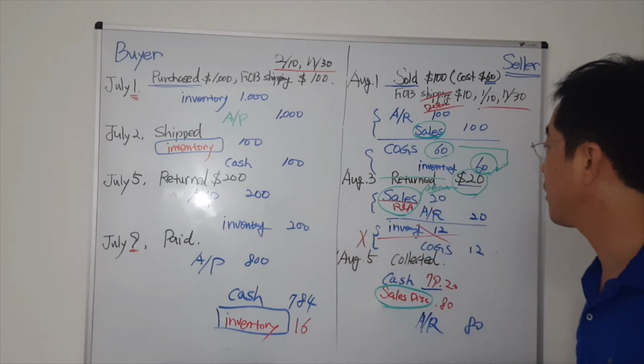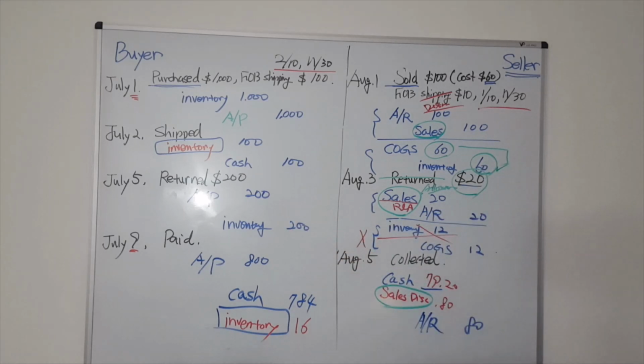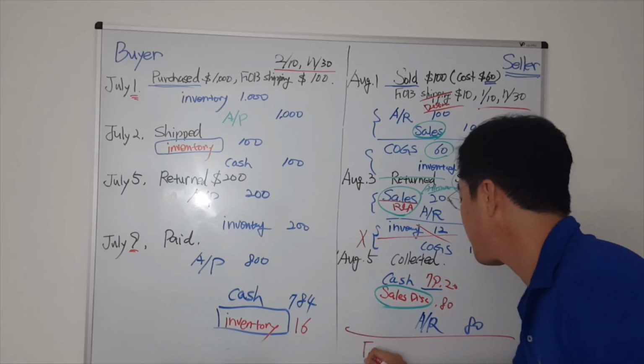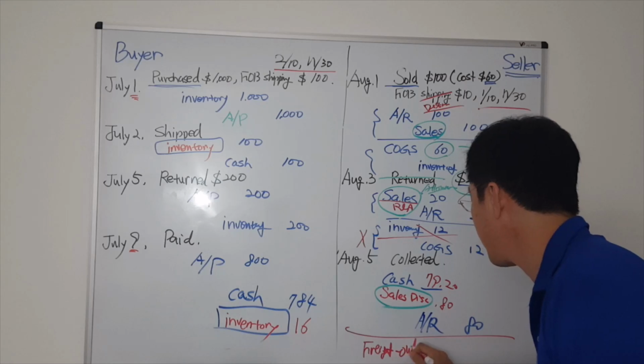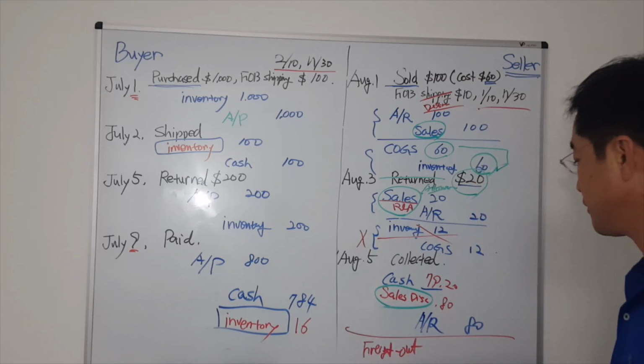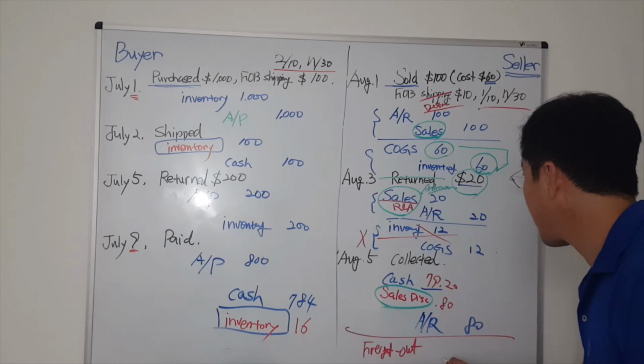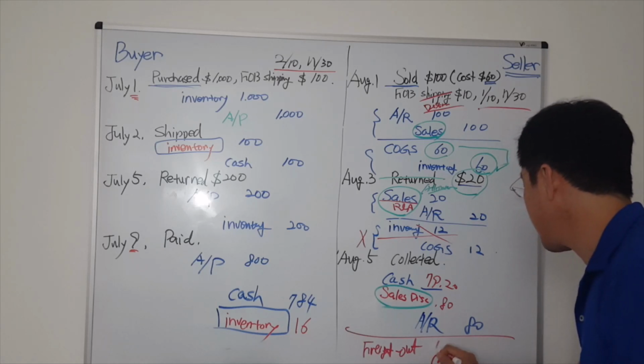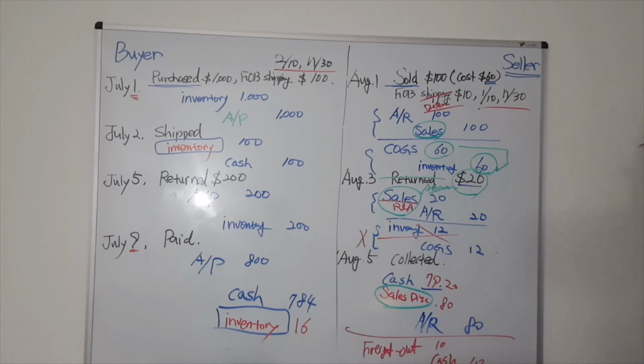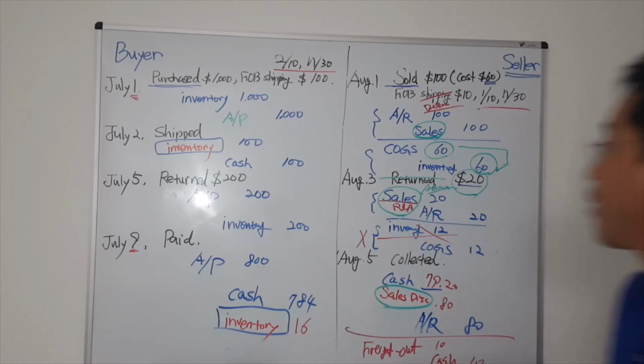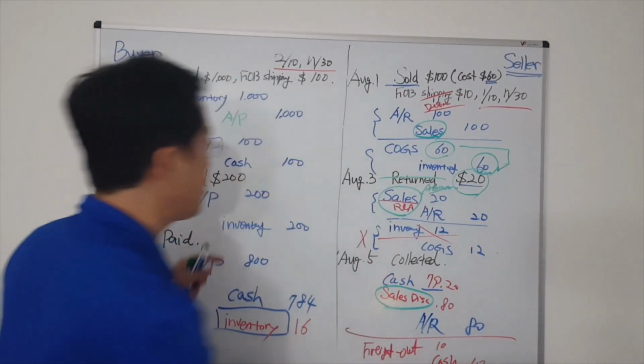No. We have to use a separate account, which is freight out. Then cash $10. That's confusing. Why here? Why here? They're different.